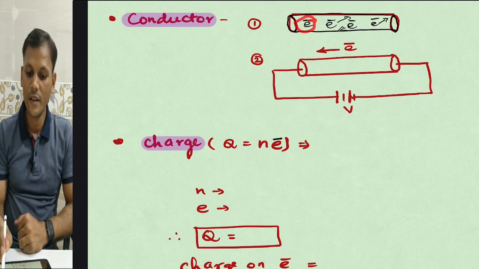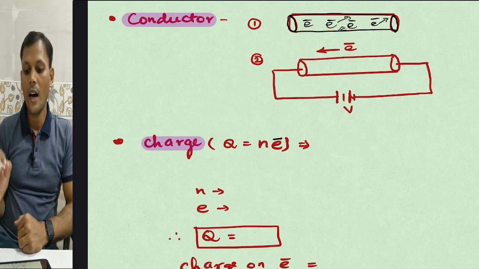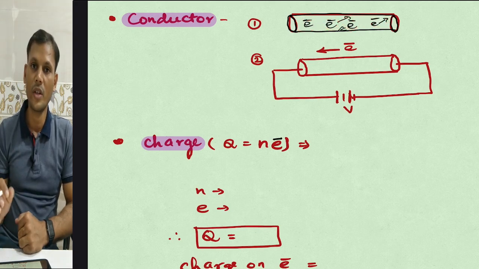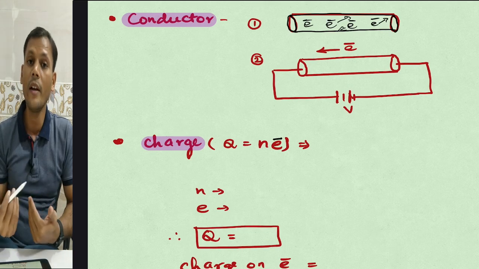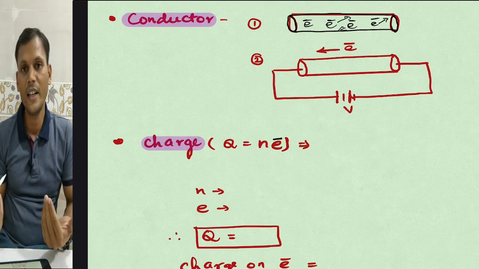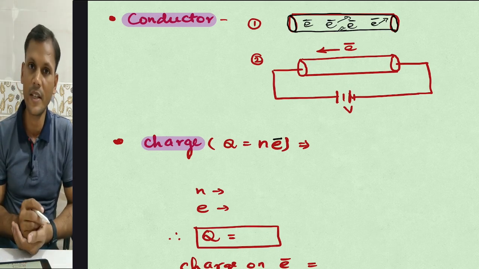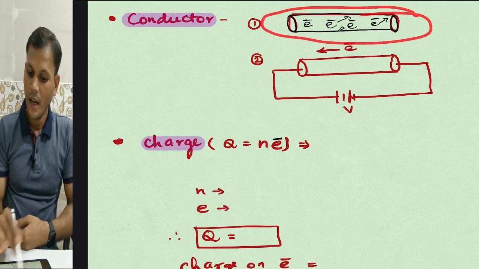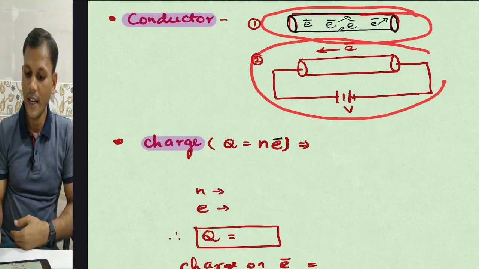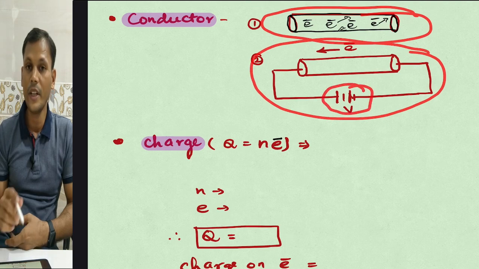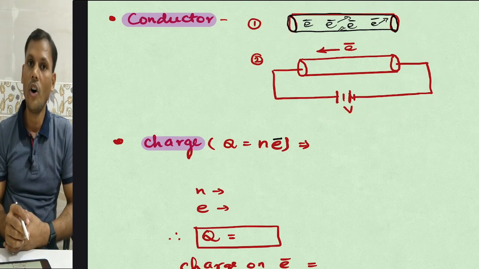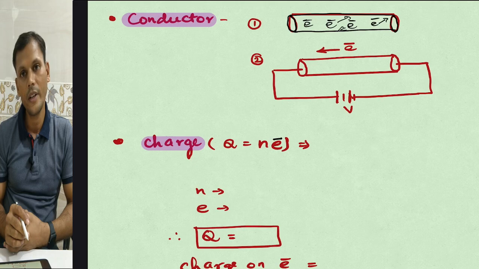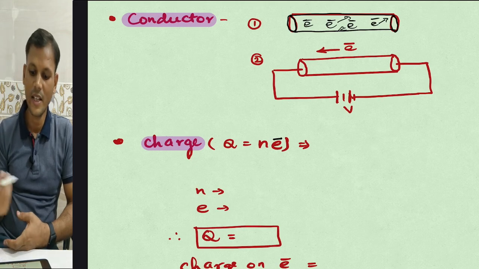Free electrons are there, and free electrons are in random motion. They are moving in random directions, meaning no specific direction. Now, this is the first diagram, and in the second diagram I have connected it with a battery or source of EMF, battery or cell.